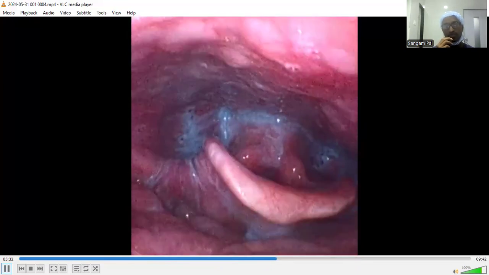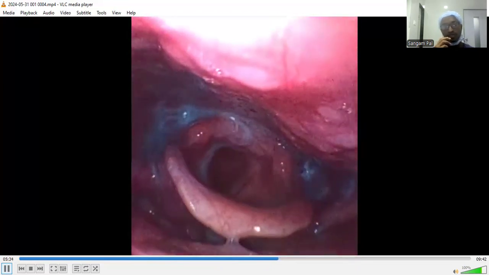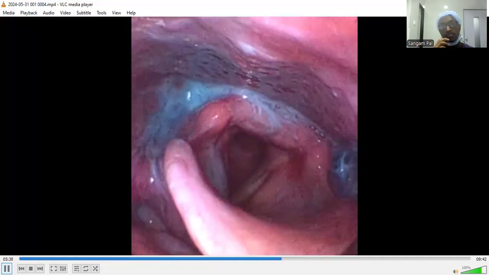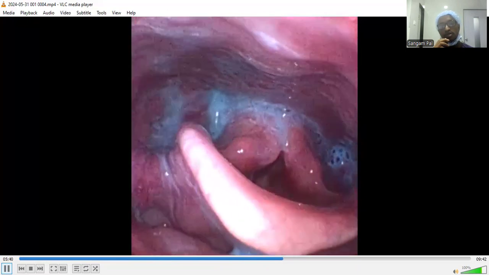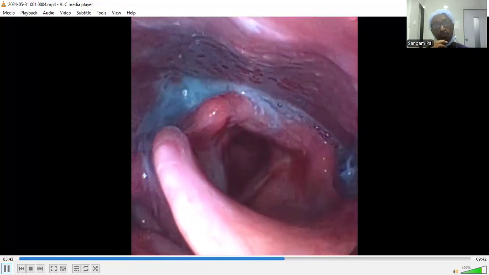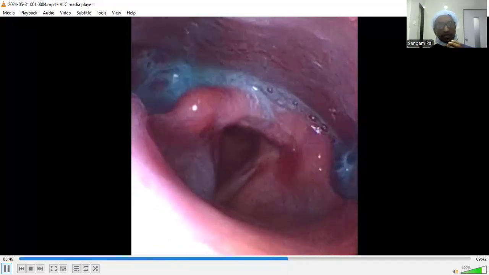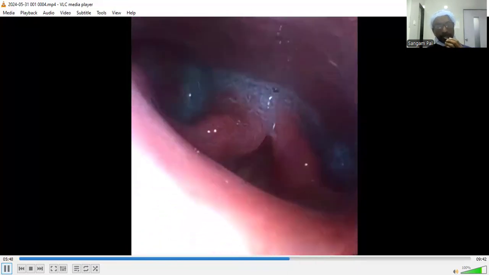So that's why he does not have much difficulty in swallowing. So there was a little bit of penetration. So we can see a little bit of penetration, a little bit of blue liquid over the vocal cord, but then he is not aspirating that.